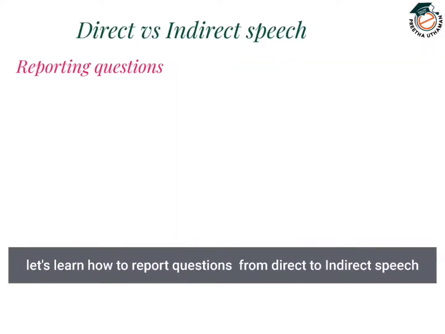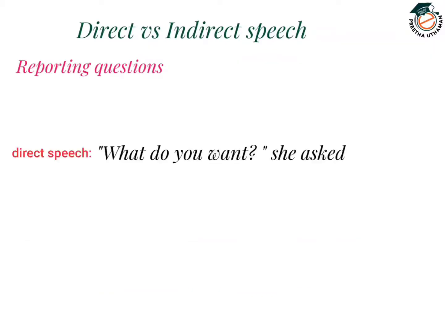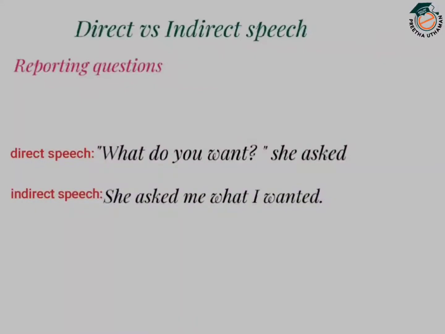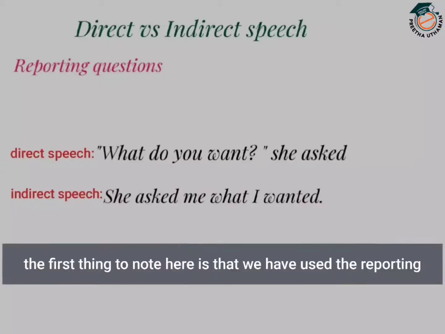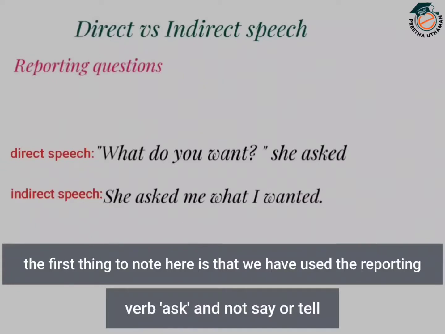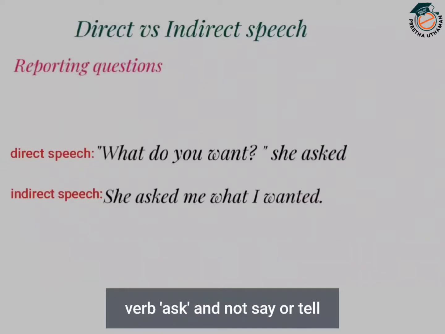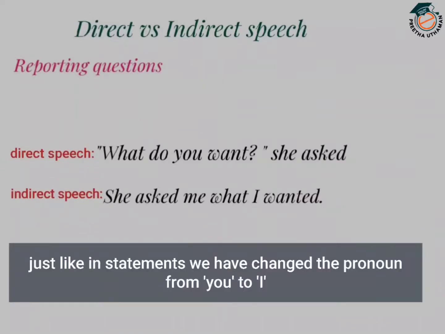Now let's learn how to report questions from direct to indirect speech. Look at this example. What do you want? She asked. Now how do you report it? The answer is she asked me what I wanted. The first thing to note here is that we have used the reporting verb ask and not say or tell.